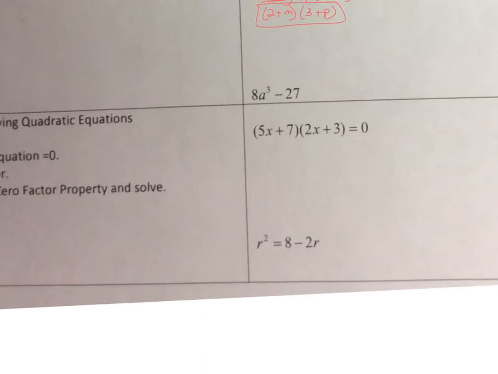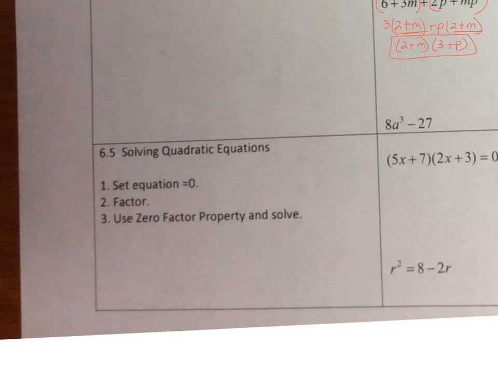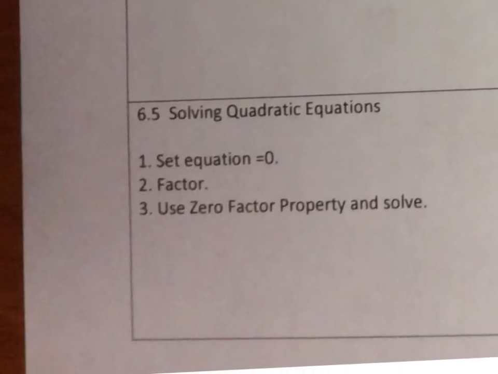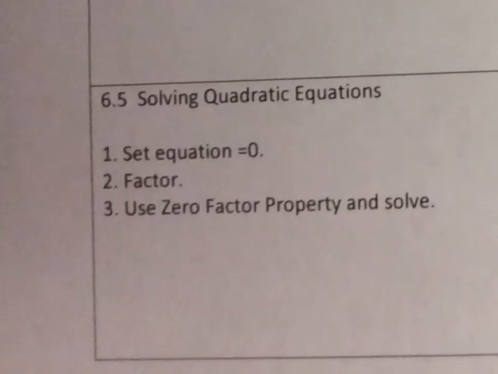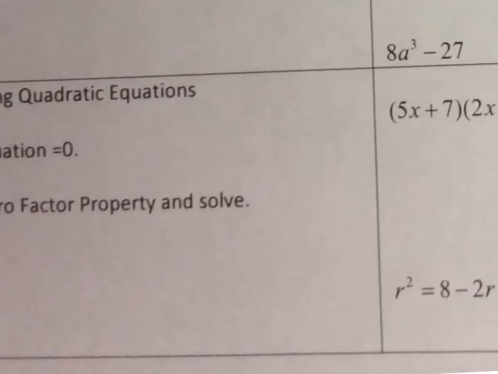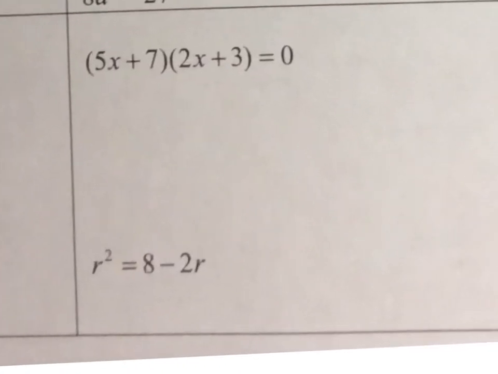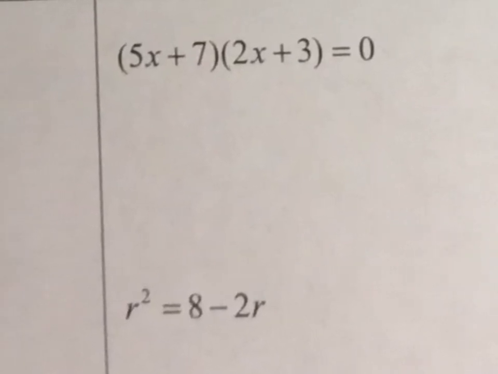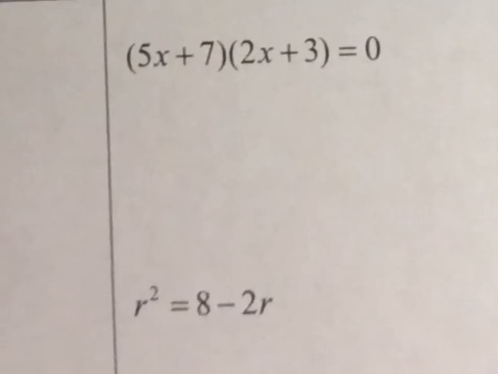Number 2, the second thing you need to do on your test, is be able to solve a quadratic equation. So I'll probably put one like this on your test, where I just have something times something equals 0.